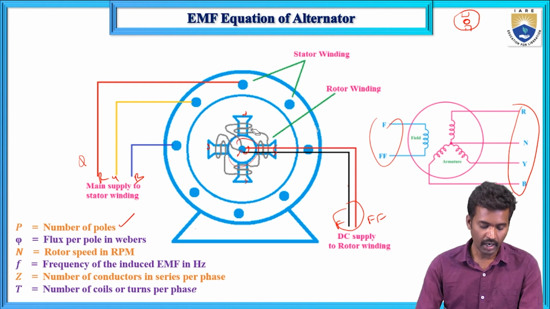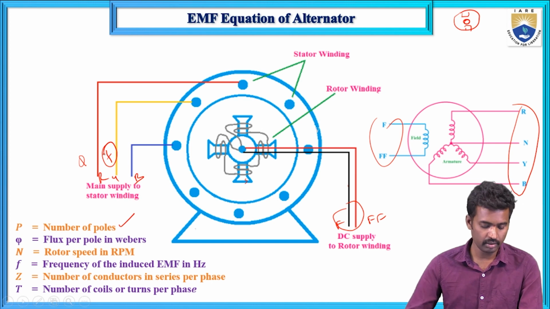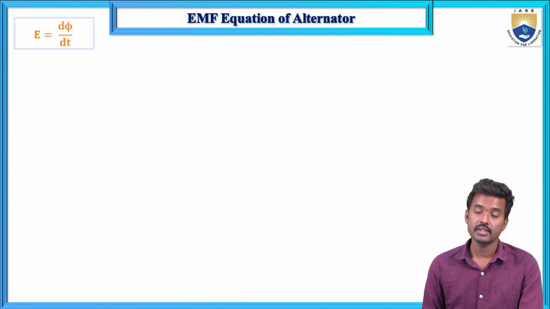F is the frequency of the induced EMF in the stationary armature. Z is the total number of conductors in series per phase, the total number of armature conductors, and T is the total number of coils or turns per phase. These are the terms.